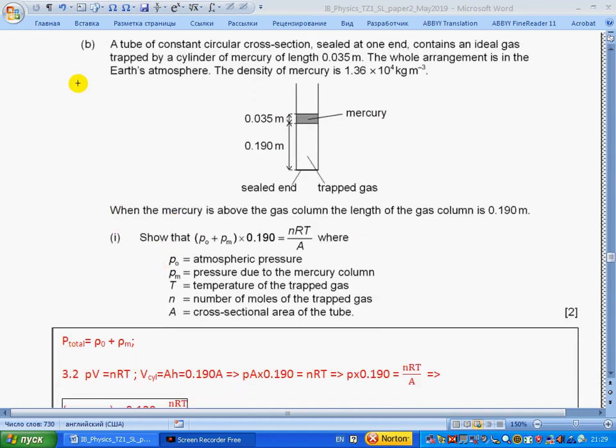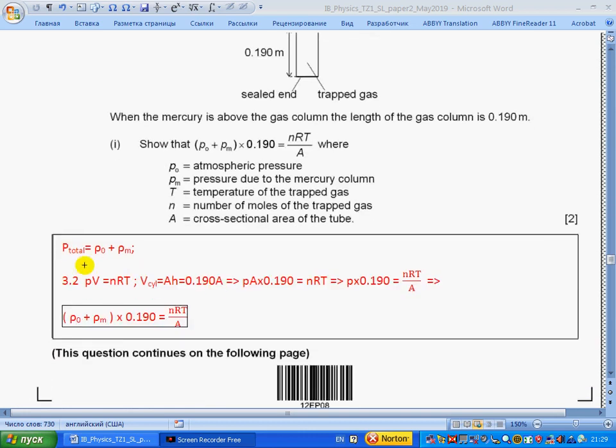B. A tube of constant circular cross-section sealed at one end contains an ideal gas trapped by a cylinder of mercury of length 35 mm. The whole arrangement is in the Earth's atmosphere. The density of mercury is given. When the mercury is above the gas column, the length of the gas is 0.190 meters. Show that this expression is right.